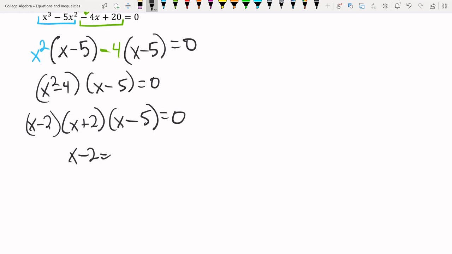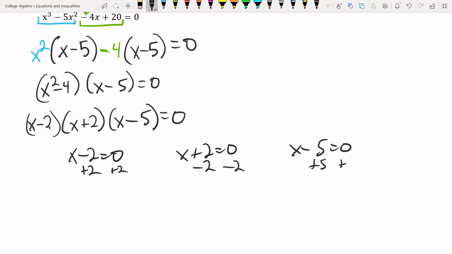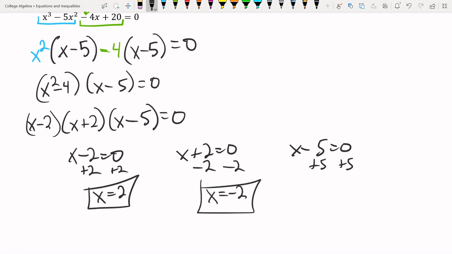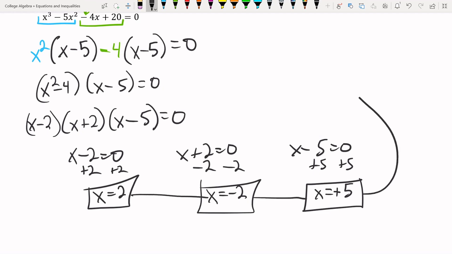So x minus 2 equals 0, x plus 2 equals 0, and x minus 5 equals 0. Solving this, we get x equal to 2, x equal to negative 2, and x equal to positive 5. And here we have 3 answers, right? All 3 of these are solutions to this original equation.